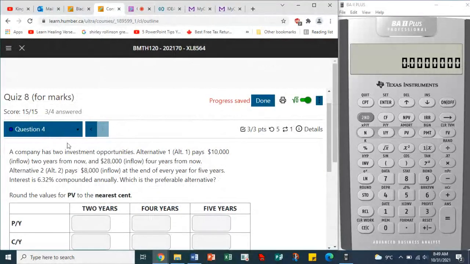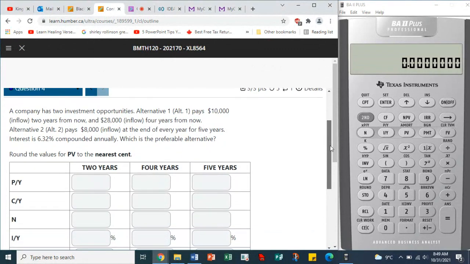Okay, this is quiz 8, question 4. So this has two alternatives, alternative 1 and alternative 2. Alternative 1 pays $10,000 2 years from now.